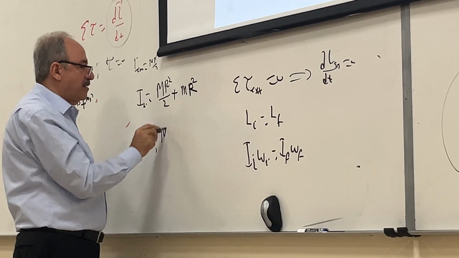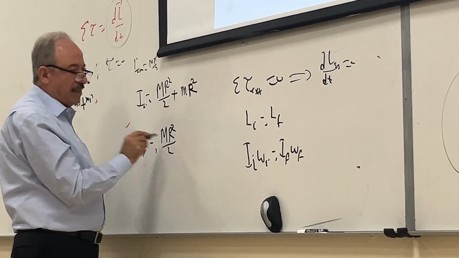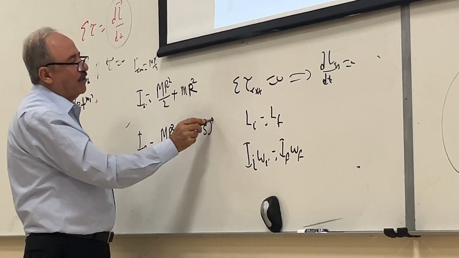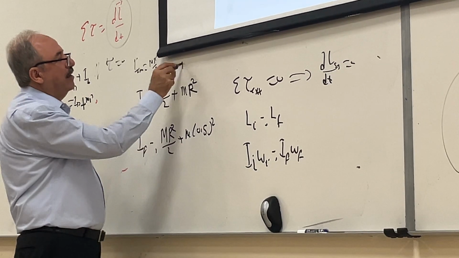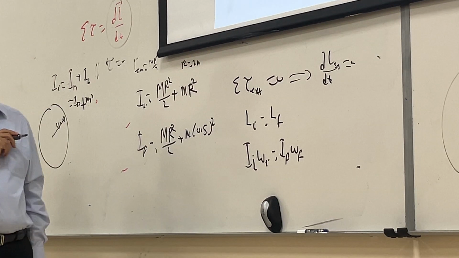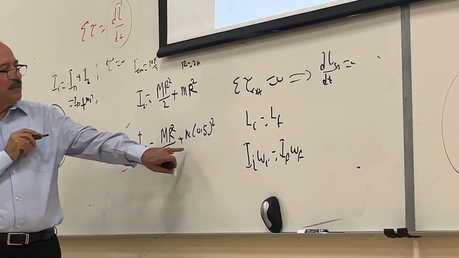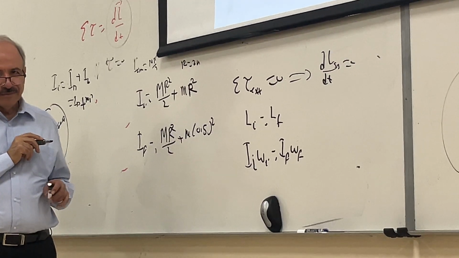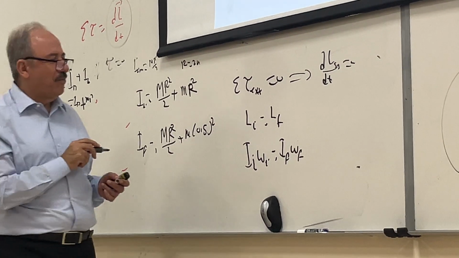Still that disk is rotating, plus m times 0.5 squared. This R is equal to 2 meters, this r is 0.5. M is 60 kilograms, this is 100 kilograms. So I final will be less than I initial.